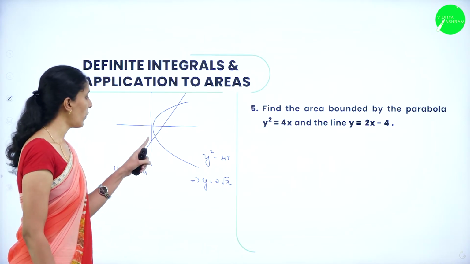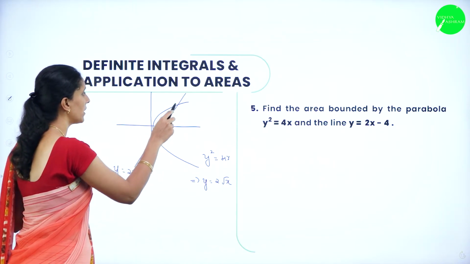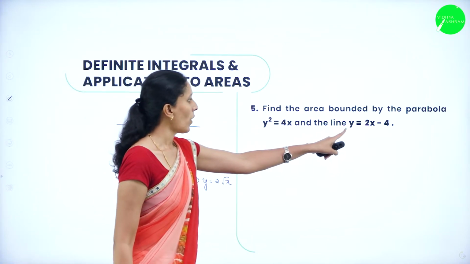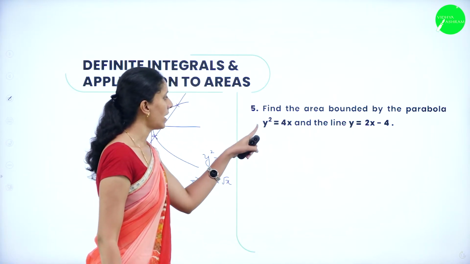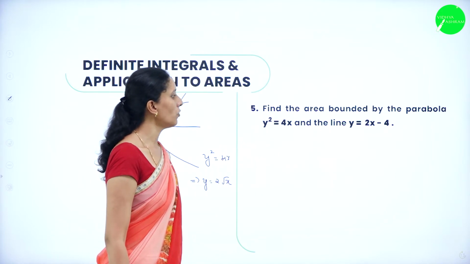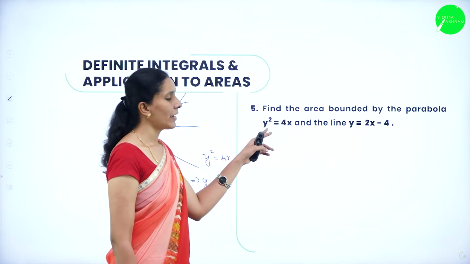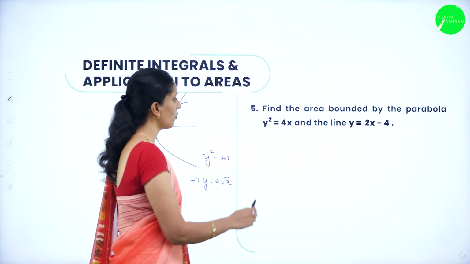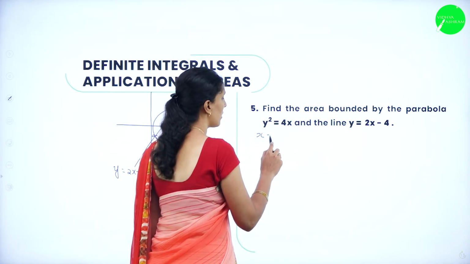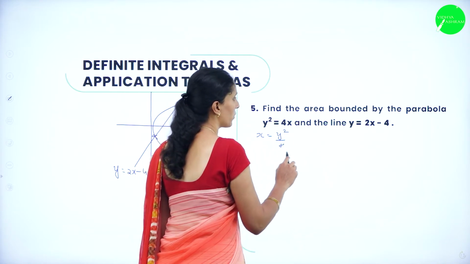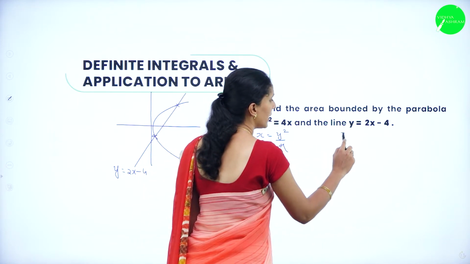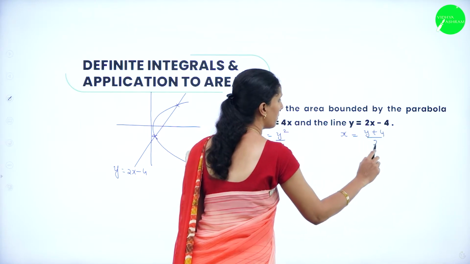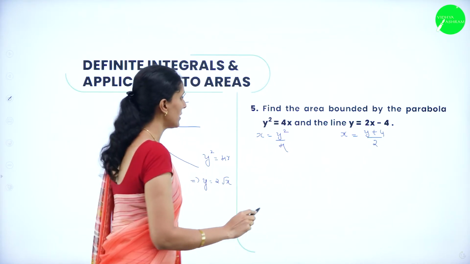Let us find the point of intersection of the two curves. Here we have y is equal to 2x minus 4 and here we have y square is equal to 4x. If I convert this, I will get the area in terms of root. Let me write the value of x here. So x is equal to y square by 4 here. Here we get x is equal to y plus 4 divided by 2. Let me equate these values.